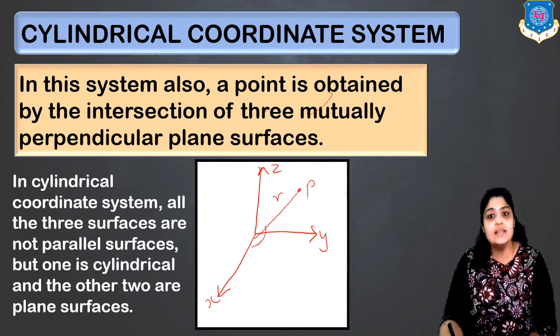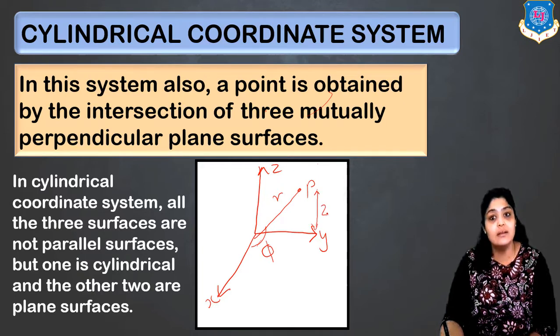And this point, the position vector of point P, is making an angle phi with respect to the x axis, and I say that this point is at a height z. So how will I represent this point? I will represent this point as r, phi, z. I hope this is clear.